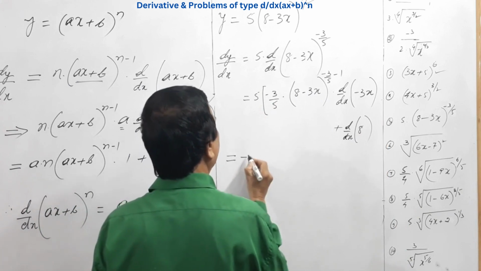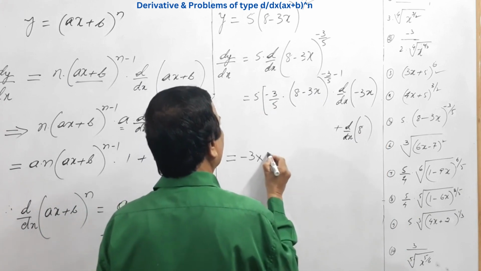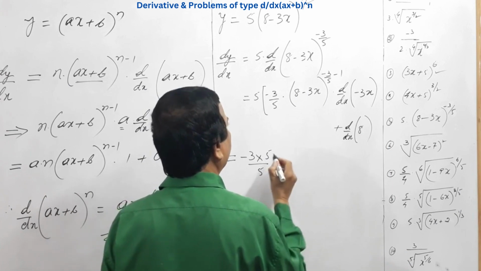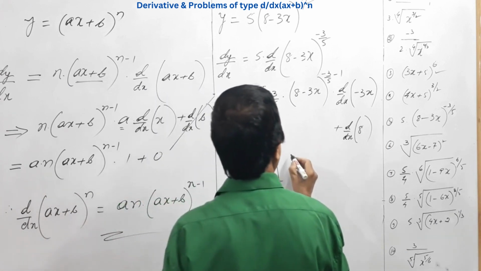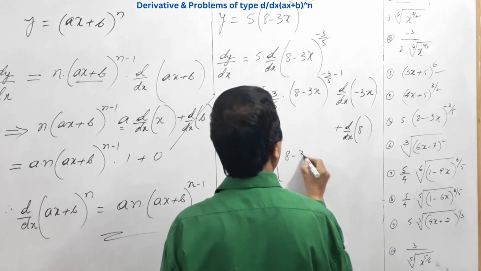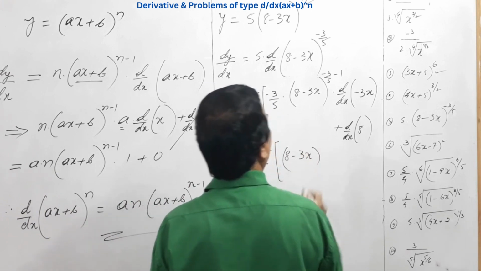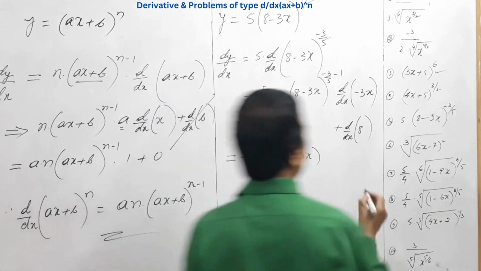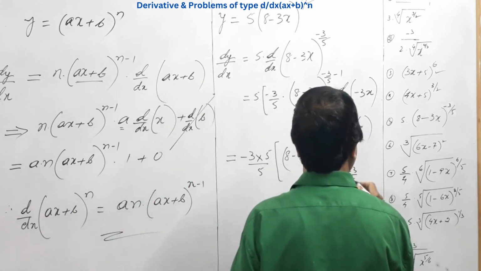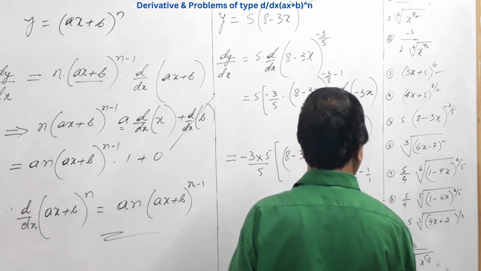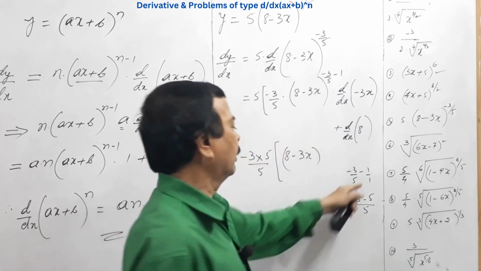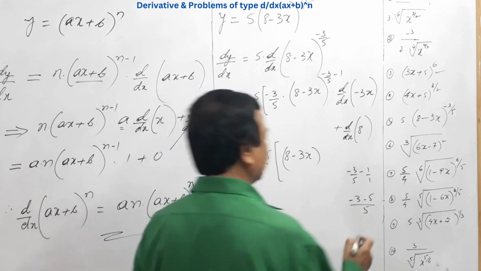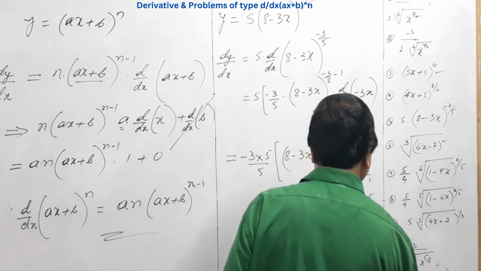So this becomes minus 3 into 5 by 5, into (8 minus 3x) to the power of, let me see, minus 3 by 5 minus 1 by 1. So 5 is the LCM: minus 3 minus 5. 1 goes 5 times, 5 into 1 is 5. So this is minus 8 by 5.